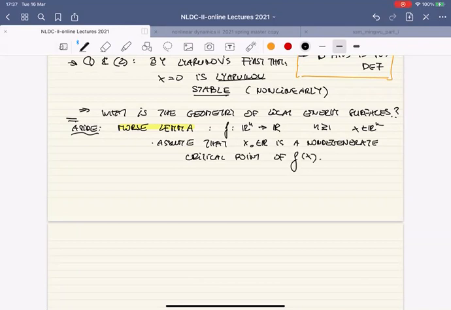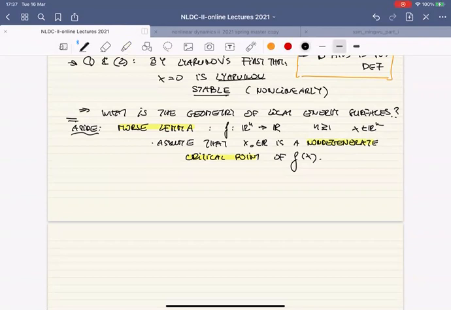A whole branch of differential geometry, differential topology, deals with critical points of scalar valued functions. There are classifications. So what's a critical point? A non-degenerate critical point. First, what's a critical point? This is sort of old-fashioned terminology.